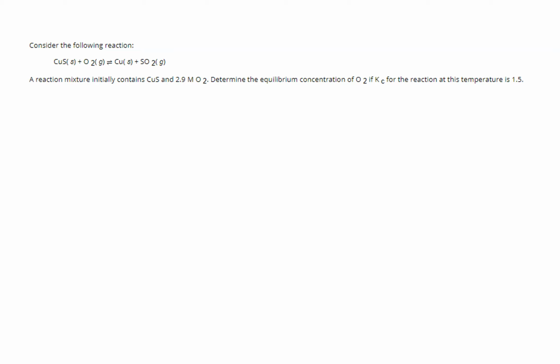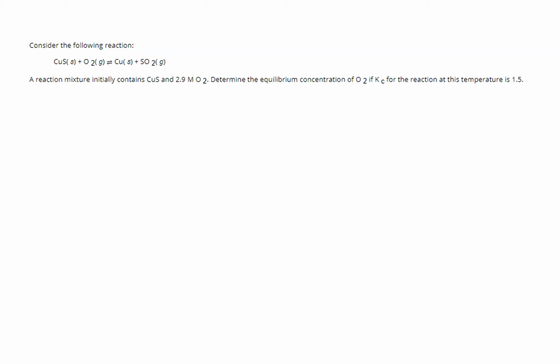In addition to these, there will be some questions regarding Le Chatelier's principle and how perturbing equilibrium will cause a shift either to the right or the left to accommodate Le Chatelier's principle. So, that said, our last example here, consider the following reaction.